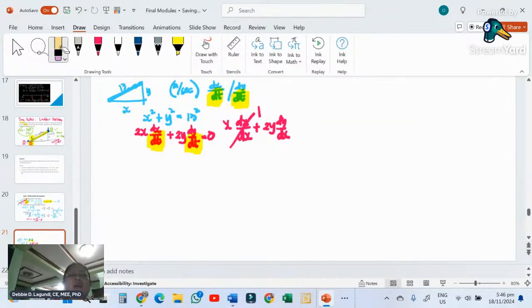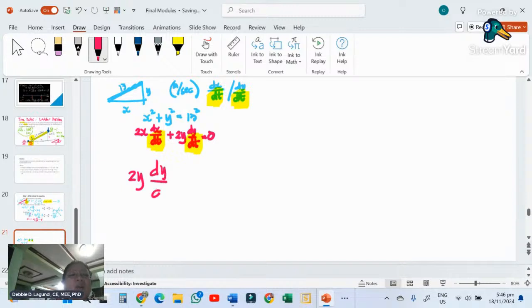Okay, we can now remove this one because this is just a comparison. Now, what we want is dy over dt. So we can move our x term to the other side. We'll have 2y dy over dt is equal to minus 2x dx over dt.